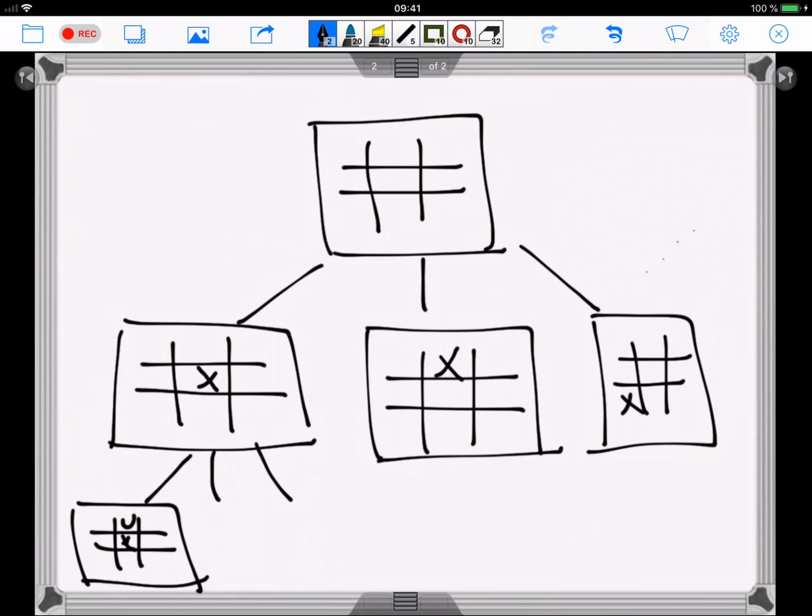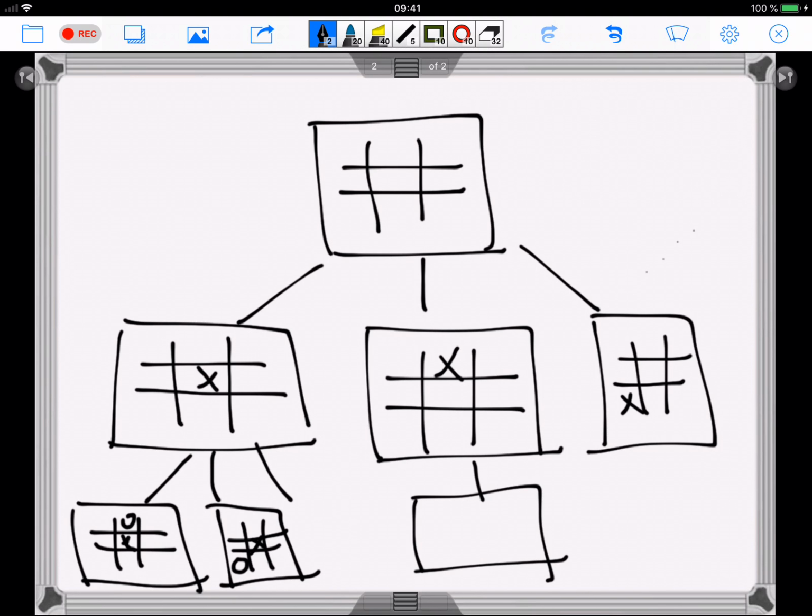So the second player may choose this position for his circle, or this one, and so on. And from here, the second player can play their circle here, or in this other position.